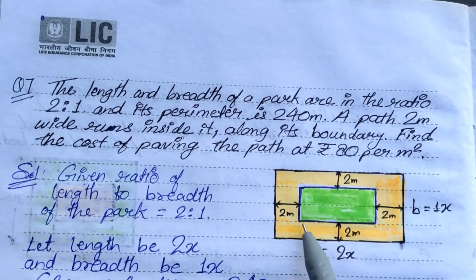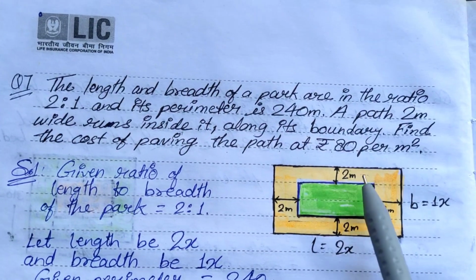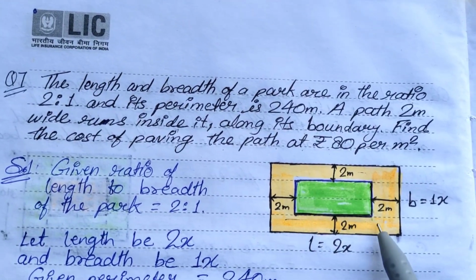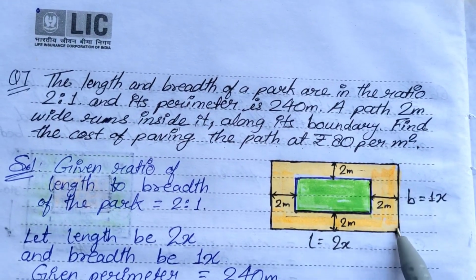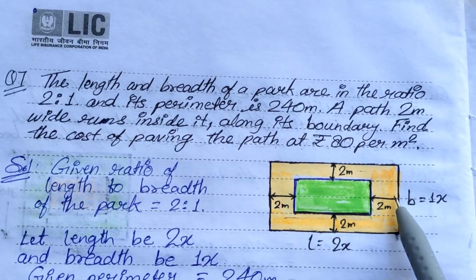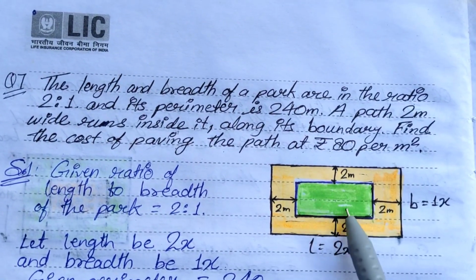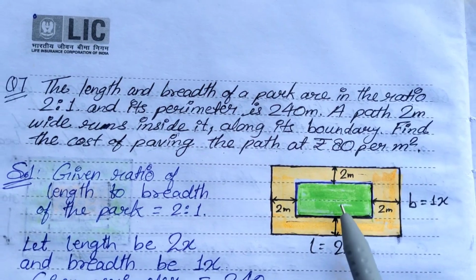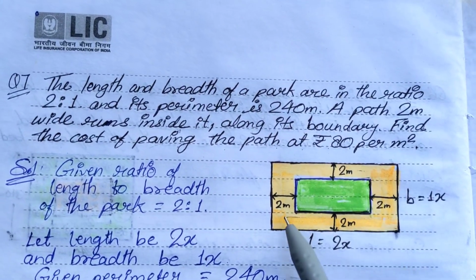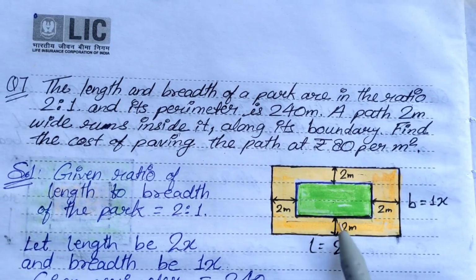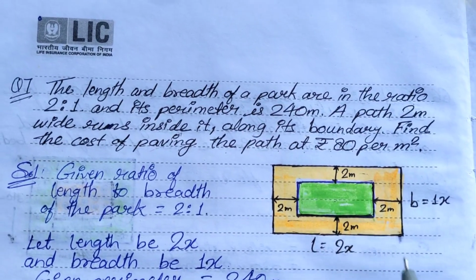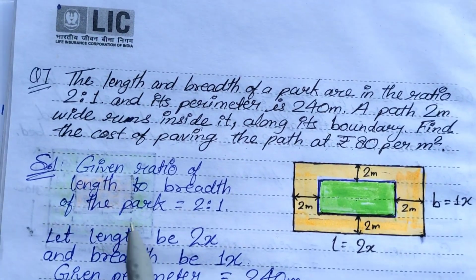To find the area of this path, first we have to find the total area, or say outer area, and then find the inner area, that is the green one, and then subtract the inner area from the outer area to find the area of this path. So let's see the solution.